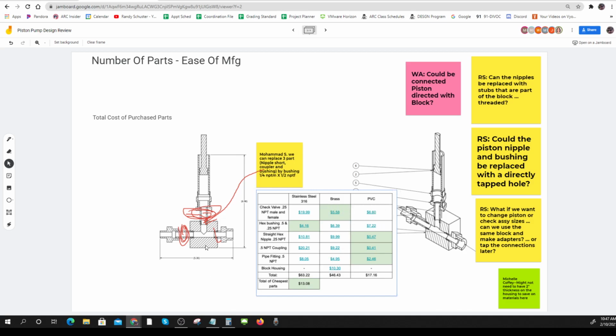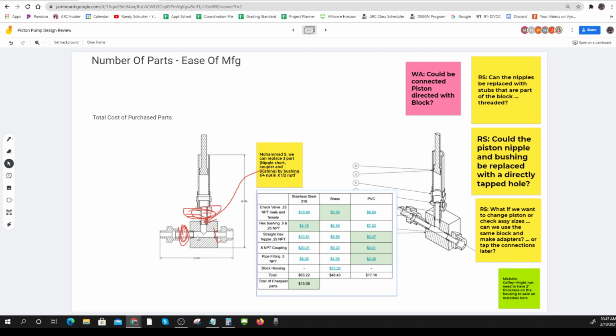Now, let's take a look. If I make this block out of 316 stainless steel, it's pretty hard to machine versus just a chunk of brass or bronze. And you can't get a chunk of PVC, but we could get a chunk of some sort of plastic that we could use.